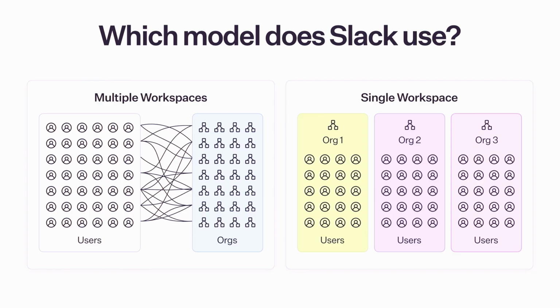On the left here, we've got this multiple workspaces model. There's a centralized user object. They can be a member of any number of orgs. Switch between them, but it's the same user ID. And then the other model is a single workspace model, where users are only ever a member of a single org. So if you switch to a different org, you're using a different user ID.